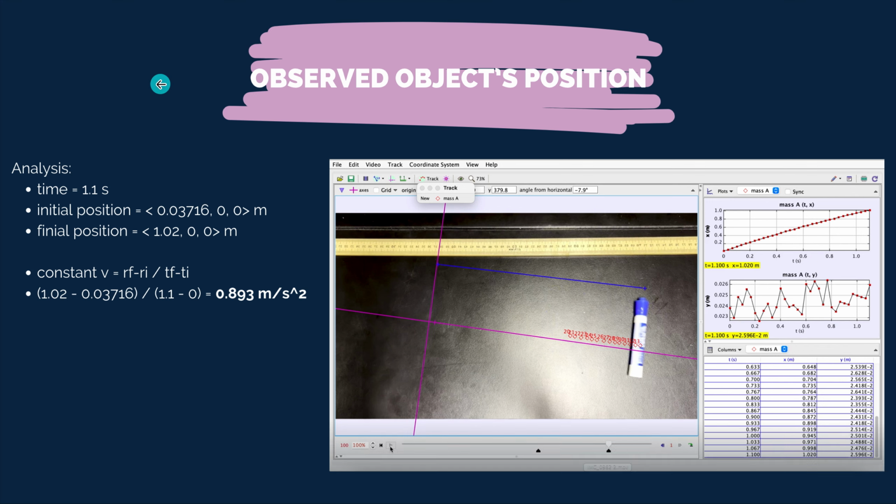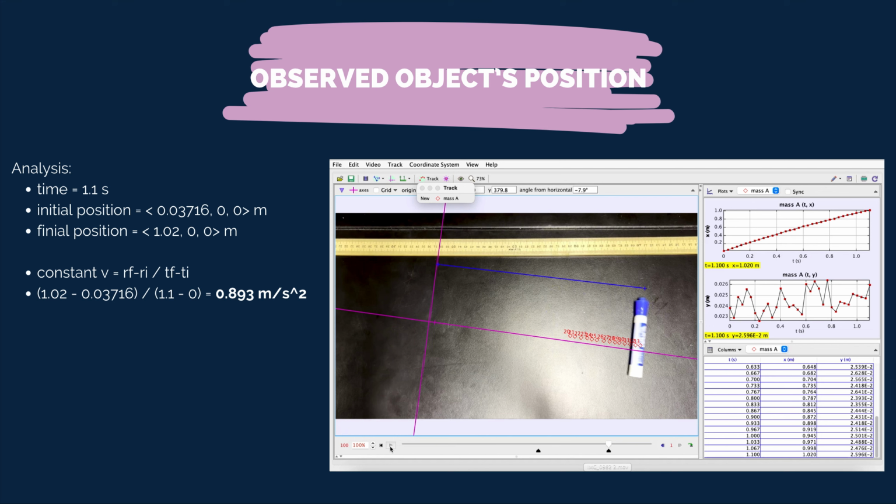For our analysis, it was noted that the time duration was 1.1 seconds, and our initial position for the object was 0.03716 meters, and then our final position was 1.02 meters.